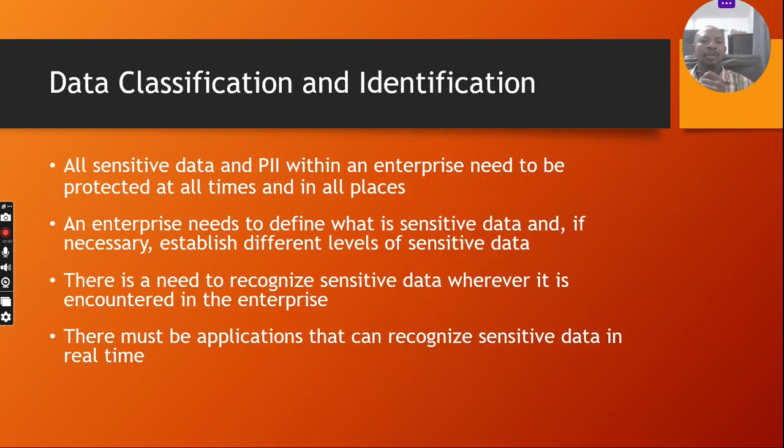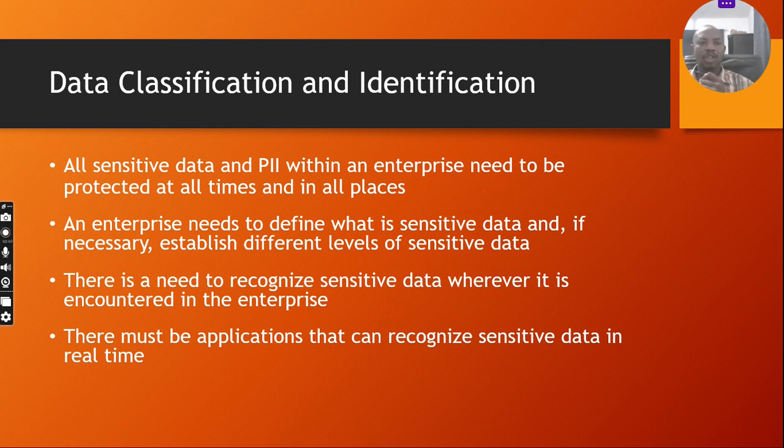Now, let's take a look at data classification and identification. First and foremost, we must be able to classify data into different levels or categories, or be able to identify data in different categories.